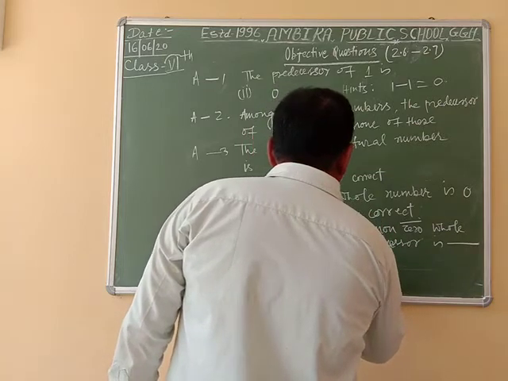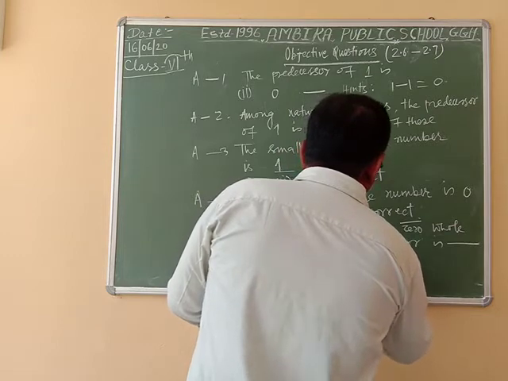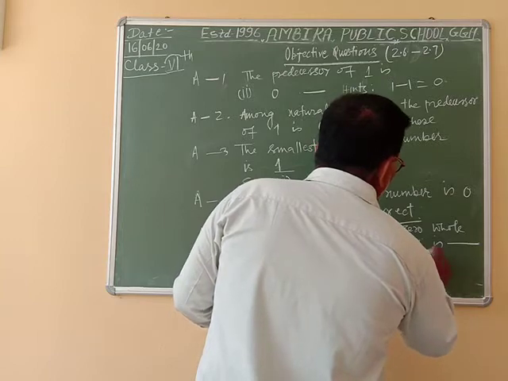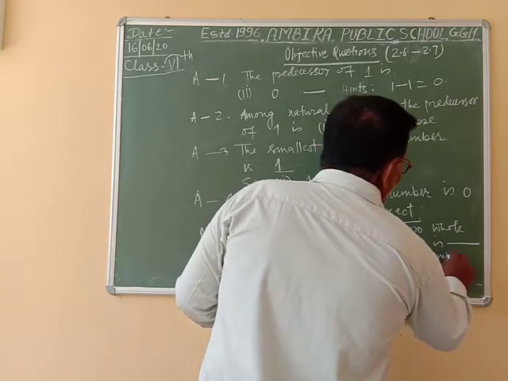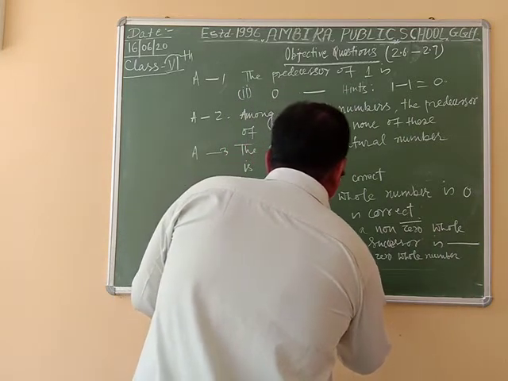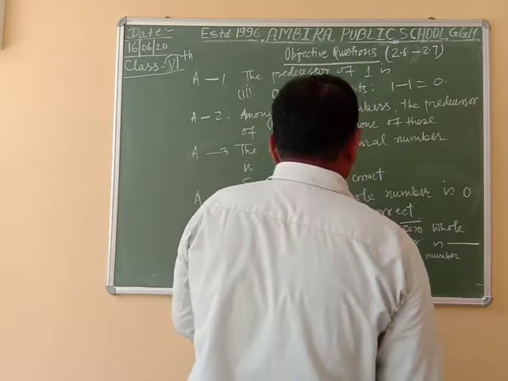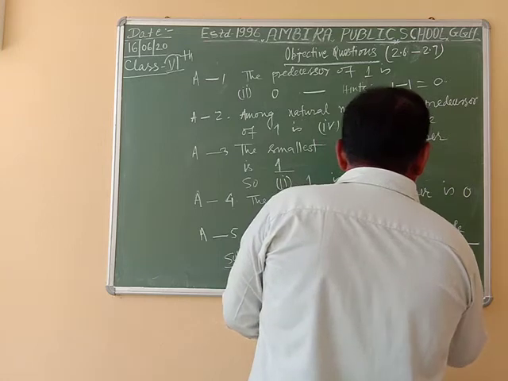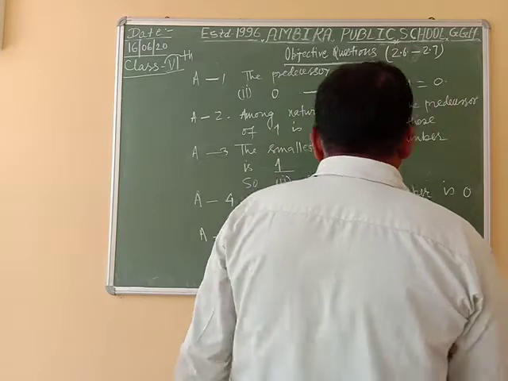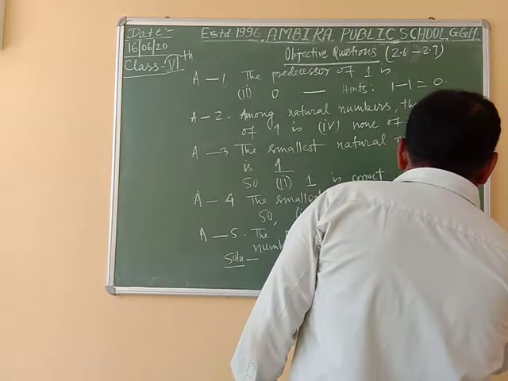Let 5 be a non-zero whole number and take the successor of 5. We know that to find the successor of a number we add 1, so the successor of 5 is equal to 5 plus 1, equal to 6.